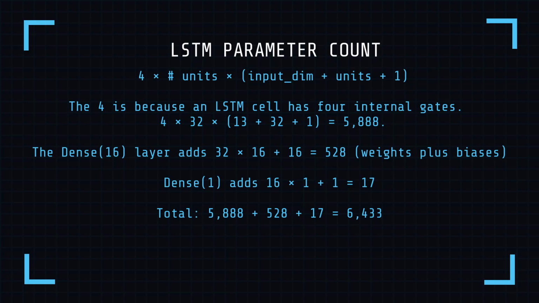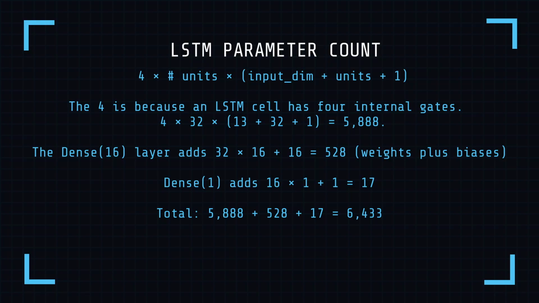So it's 4 times 32 times 13 plus 32 plus 1, which gives you 5,888. Then the dense 16 layer adds 32 times 16 plus 16, which equals 528 weights plus biases. Then the dense 1 layer adds 16 times 1 plus 1 equals 17.